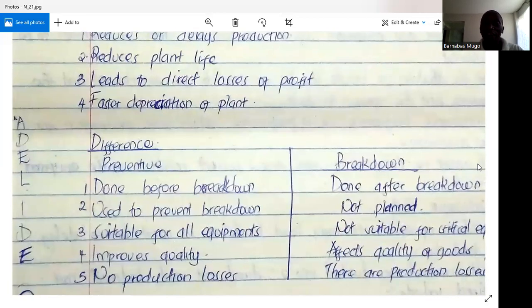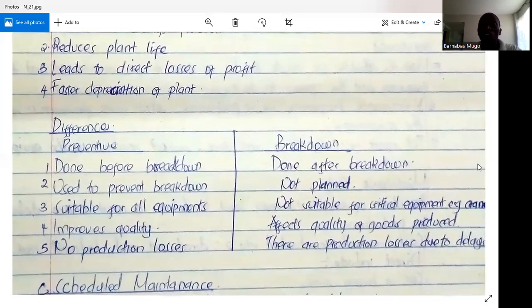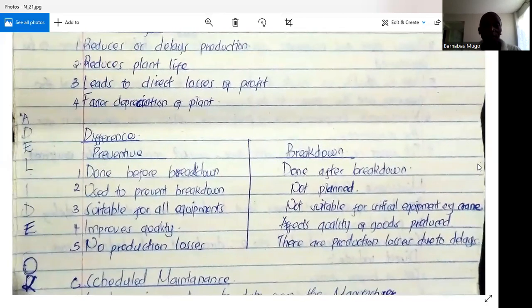There are differences between preventive maintenance and breakdown maintenance, and they include, number one, preventive maintenance is done before breakdown of the machine. But breakdown maintenance is done when there is already a breakage of the machine.